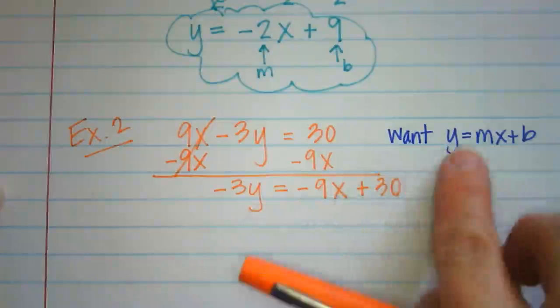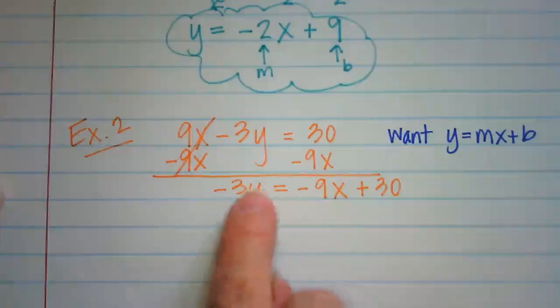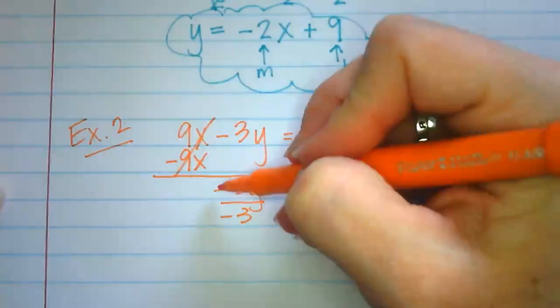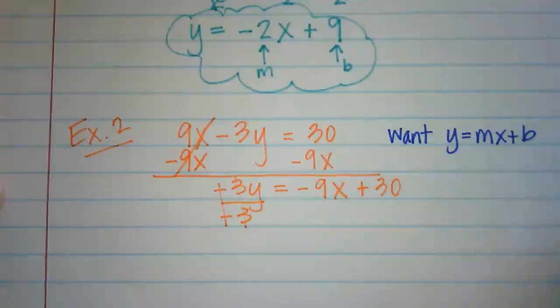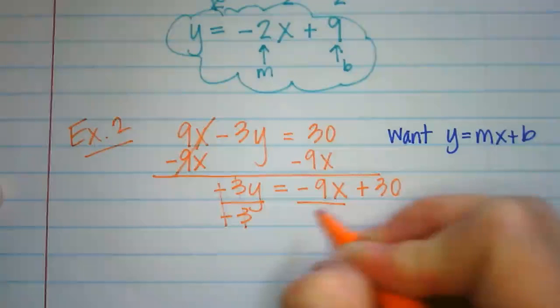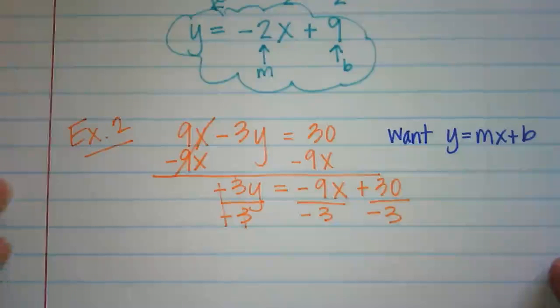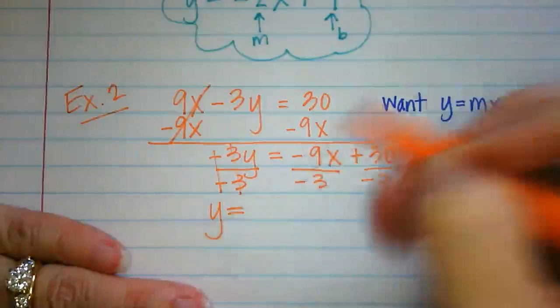We almost have this, but now we need to get rid of the negative 3. Since this is multiplied by the y, I need to divide by negative 3 to get the negative and the 3 to cancel. So I divide this by negative 3, and I divide this by negative 3. This gives us y.